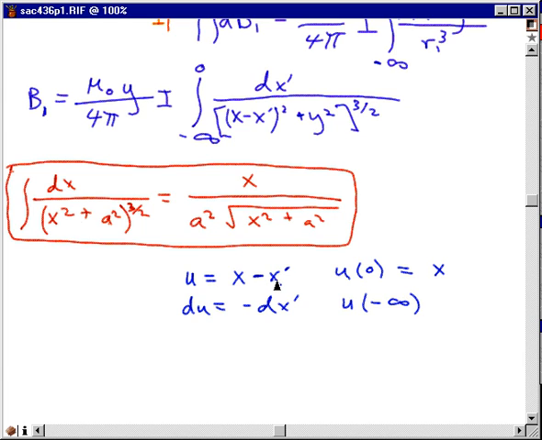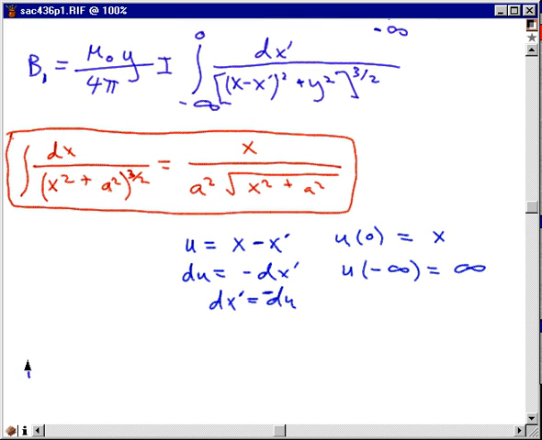If I plug in a minus infinity here for x prime, I'll get x plus infinity, which is infinity. And I think that'll do it. The dx prime that I have in the original integral becomes minus du, obtained by multiplying both sides of this equation by minus 1.